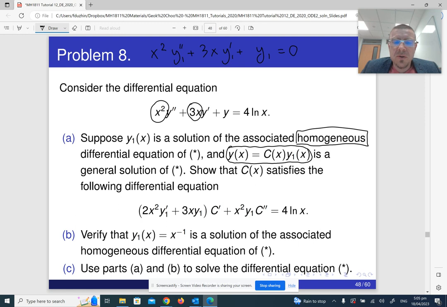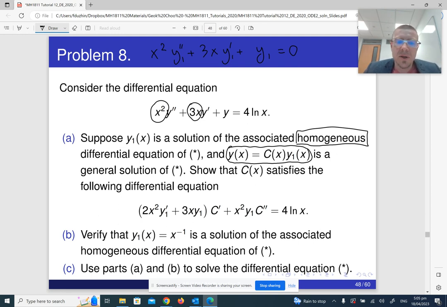We are going to look for a solution of the original, non-homogeneous differential equation in the form of some function of x multiplied by some solution of the homogeneous differential equation. So the idea here is that if we somehow can guess at least one solution of the homogeneous equation, then we can figure out what the general solution of the non-homogeneous equation is going to be, right?